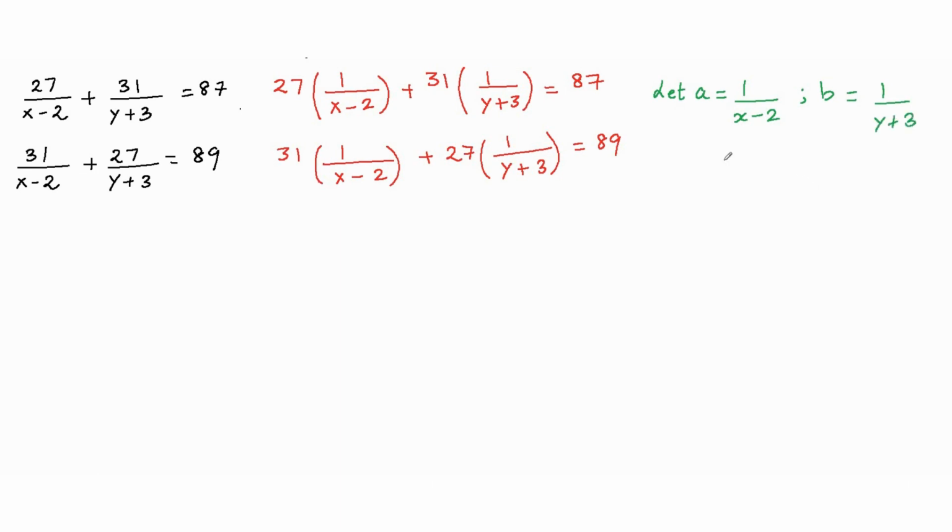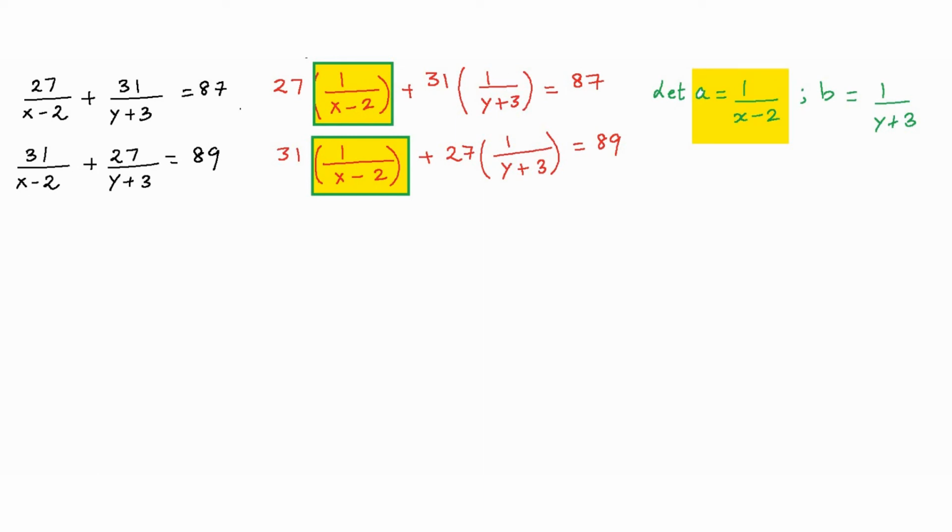I'm making this substitution because I notice a 1 by x minus 2 in both the equations, and therefore this particular term is going to be replaced by a, right? So that is the substitution that I have done. So a replaces 1 by x minus 2, and let's look at the variable y.